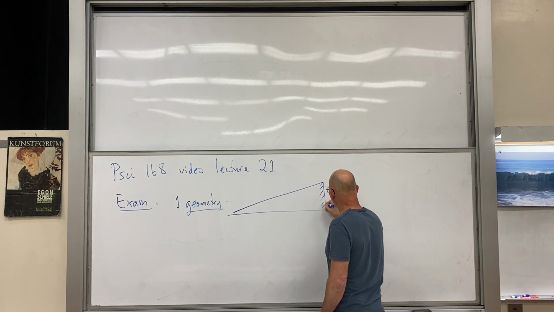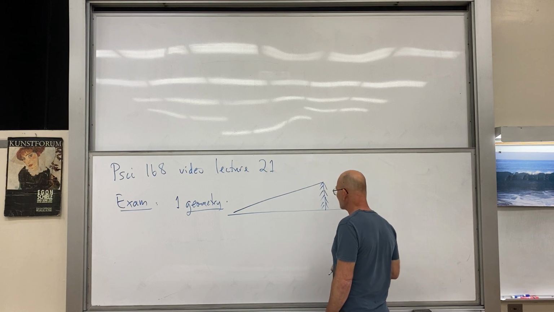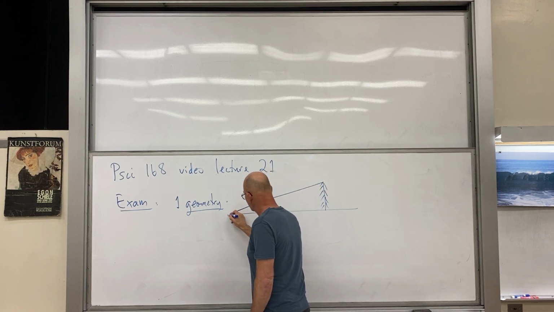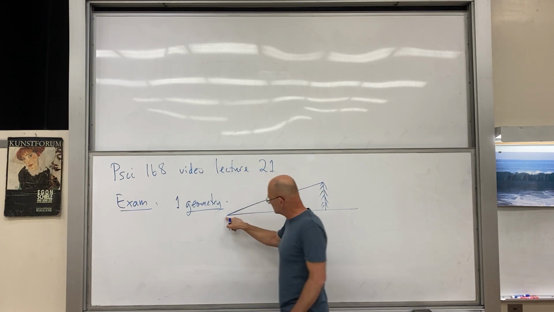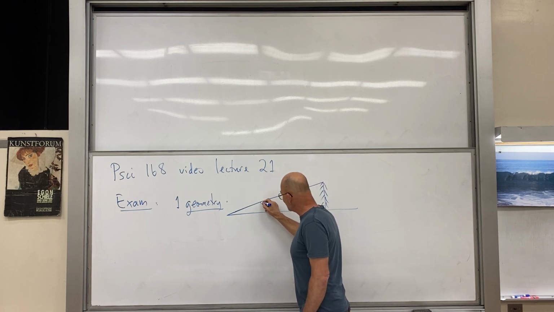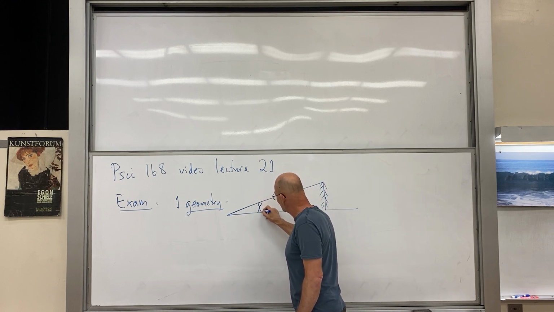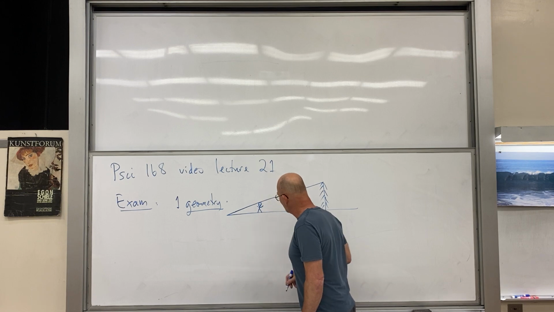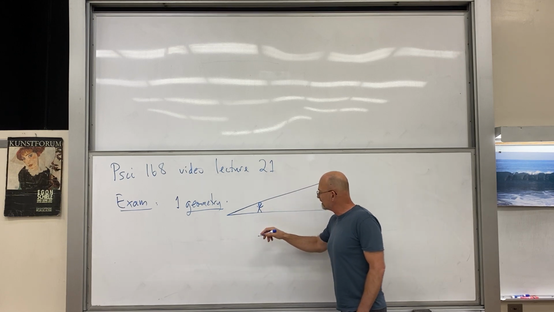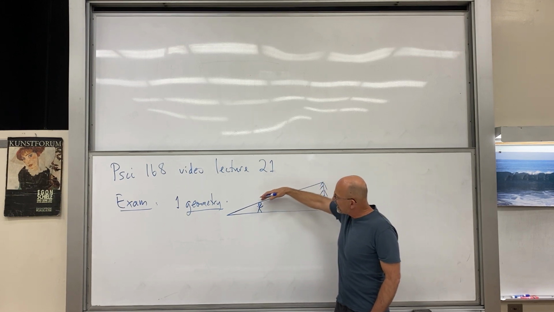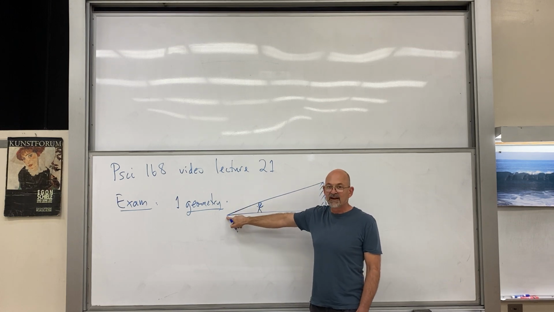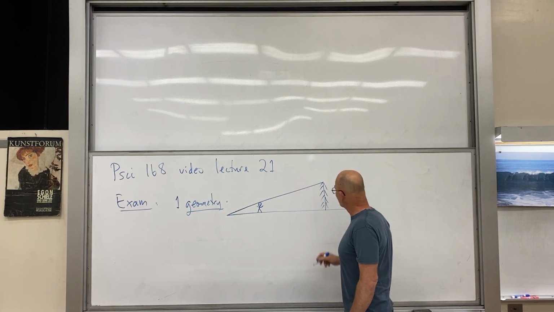if a big tree casts a shadow in the sun, and there's the tip of the shadow right there, and I'm standing here, and the end of my shadow is right there at the same end as the tree's shadow. That's the idea, right?